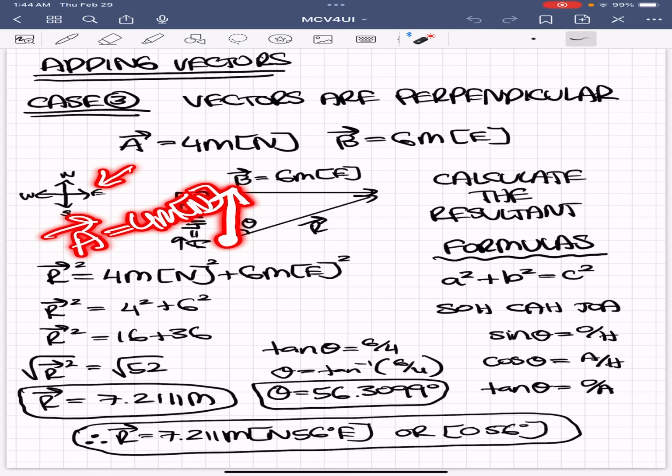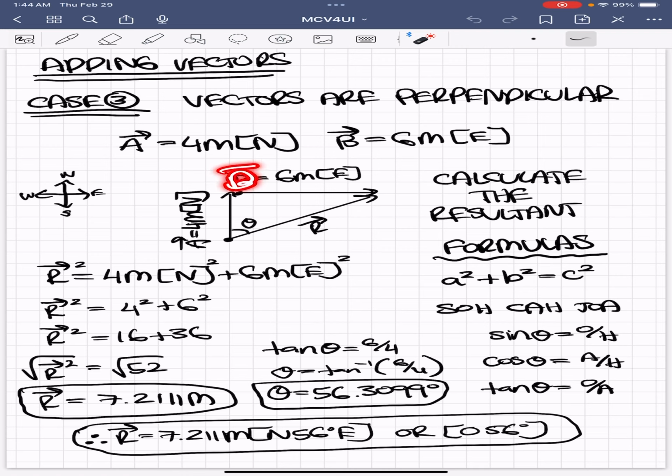So we're going to do an arrow that's going up worth 4 meters. You can do 4 little squares if you're using graph paper, or you can just draw however much you feel like. If you want to do it to scale, you can use a ruler if you're using ruled paper, and that'll be that.